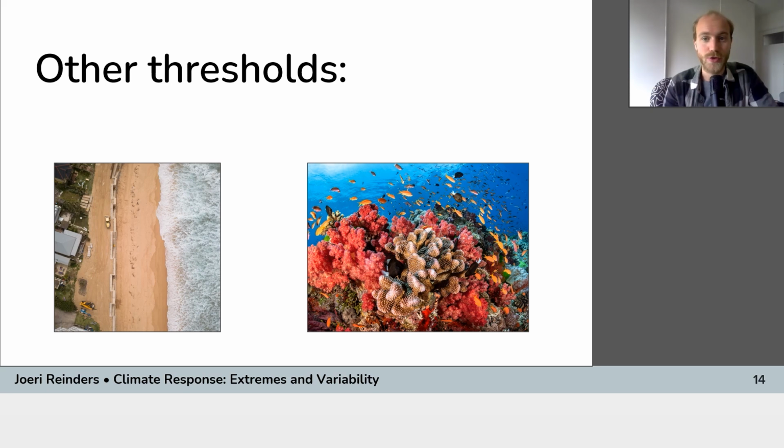But on the other hand, also things like health. And here you see a piece of coral. Corals bleach at certain temperatures, so that's a threshold. So you can use temperature records to see what the return periods are for these bleaching events, or, for example, on human health or something else. So there are many different ways in which you can apply these extreme value analyses.